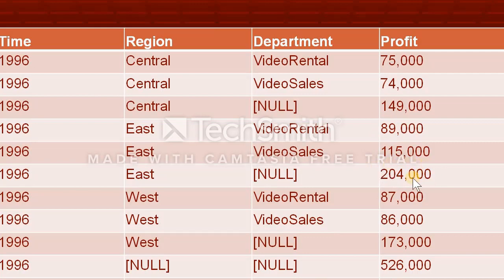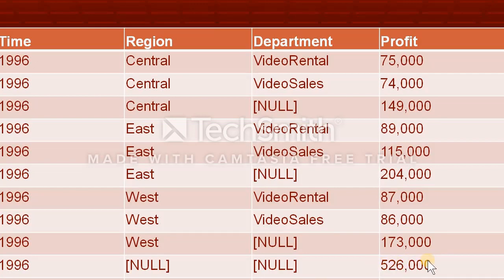This line is saying that we got this number of profit in the east region, and this number is showing that we got profit from the west region in 1996. So if we sum up these three profits from the central, east and west regions, we come to this number. It is saying that the total profit we have earned in 1996 is this value.